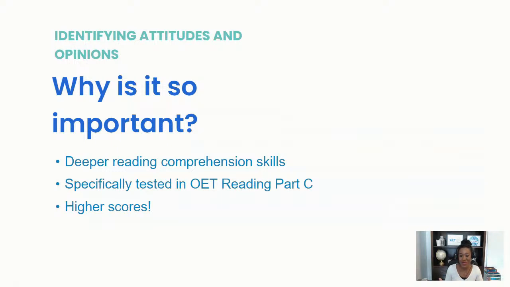You'll be able to score more. But overall, at the end of the day, what you want is excellent reading comprehension skills, because in life, in work, when you're in real healthcare settings, you're going to want to understand everything easily.